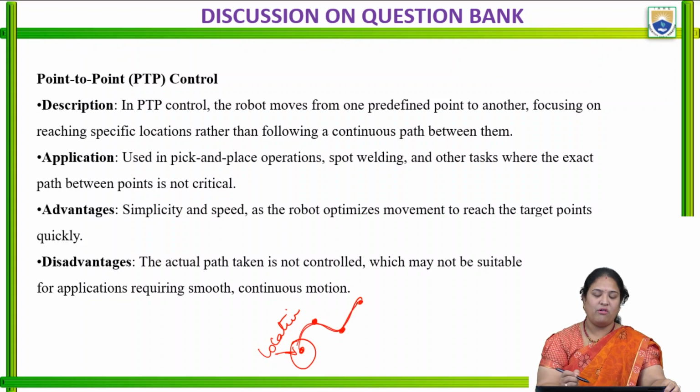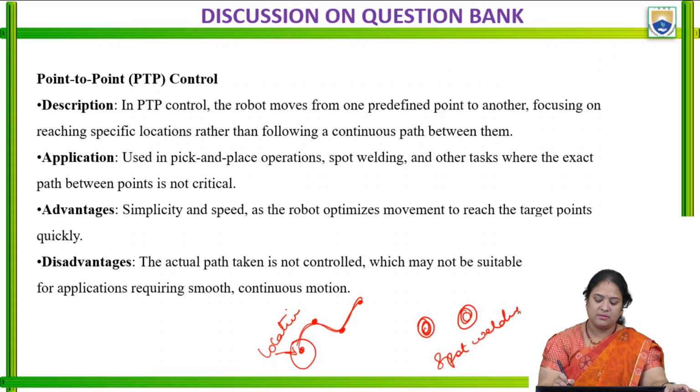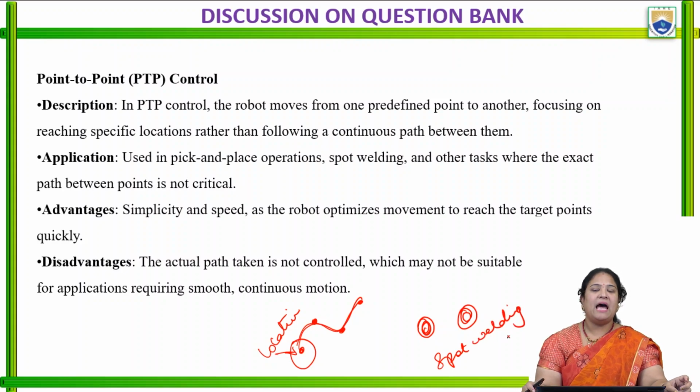The best example for this point-to-point control system is a pick and place operation, where we pick the object from one place and place it at the other place. Or we can take spot welding, where the welding operation is done at a specified spot. The path between the points is not critical.